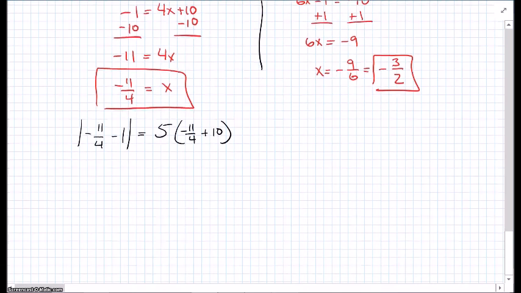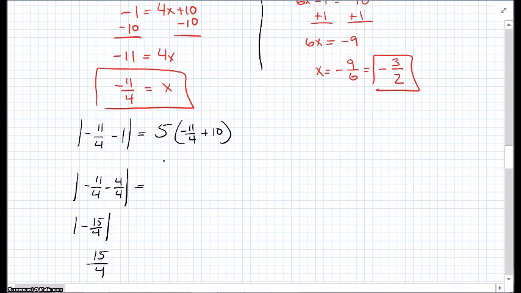Let's look at this real quick. Negative 11 over 4 minus 1 is the same thing as negative 11 over 4 minus 4 over 4. So that's going to be the absolute value of negative 15 over 4. Absolute value is going to change it, so the left side is going to be 15 over 4.